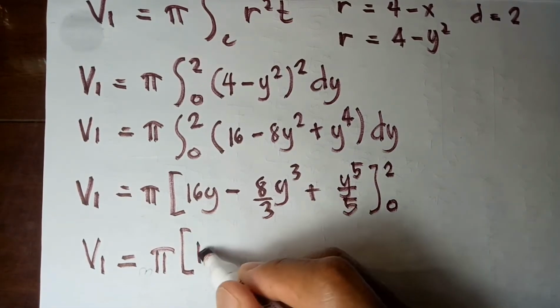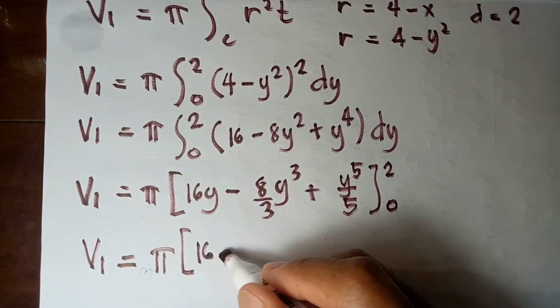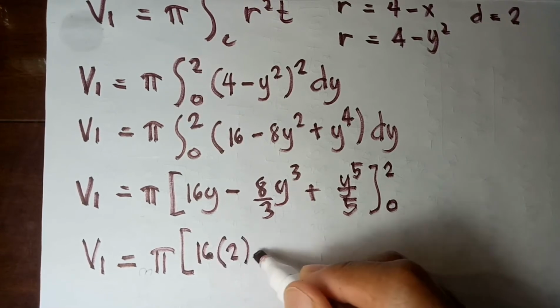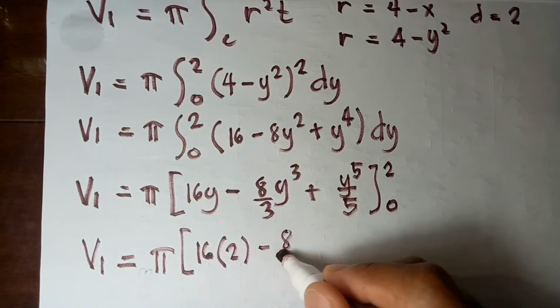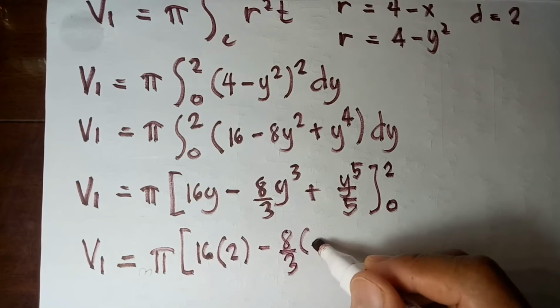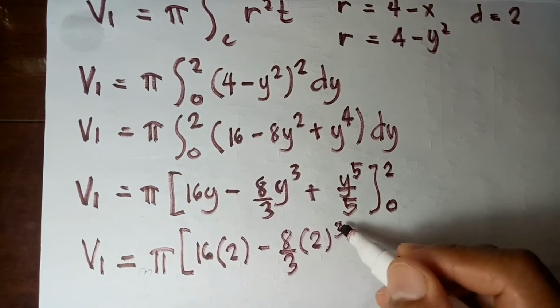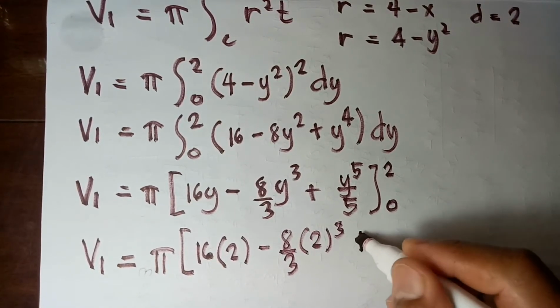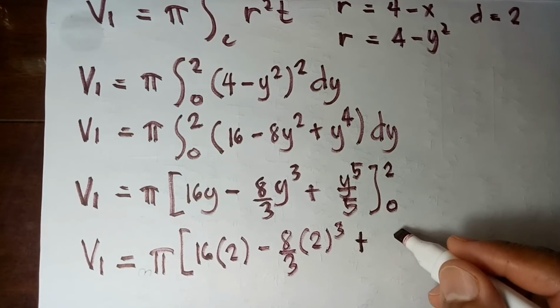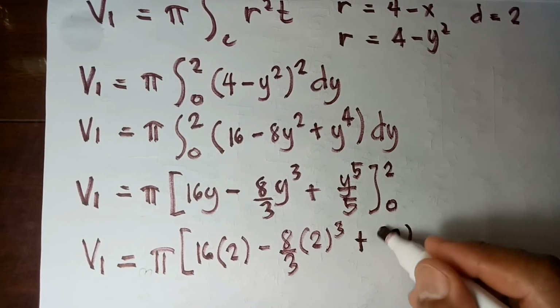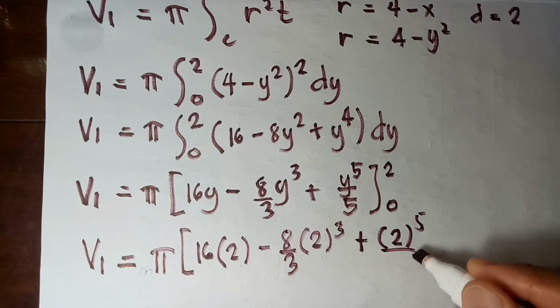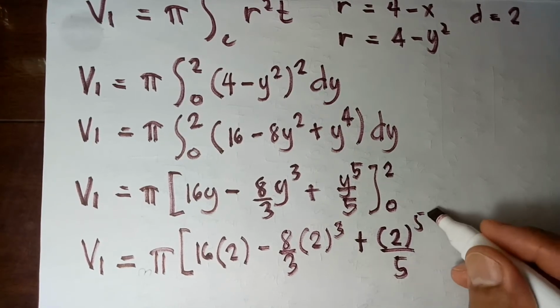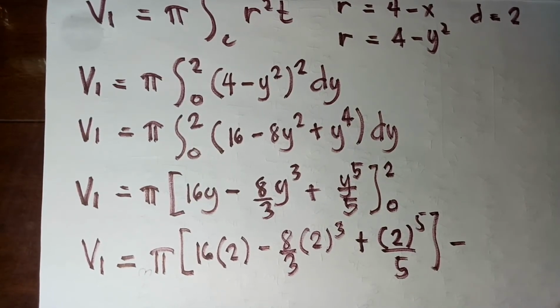So, magkakaroon tayo ng 16 and then times 2 minus 8 over 3 and then 2 cubed and then plus 2 raised to 5 over 5 and then minus, no?